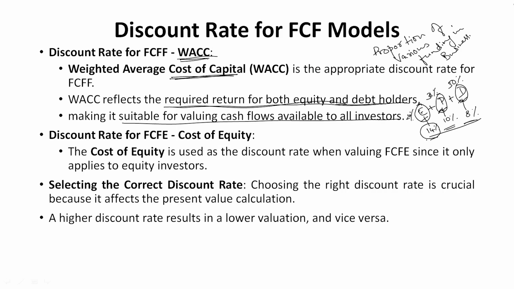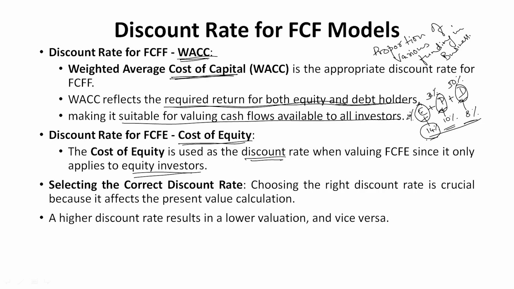Okay. So you can use the weighted average cost of capital as the rate of return which is expected. That's one thing. Second is discounted cash flow for equity, where the cost of equity is used as the discount rate for valuing the equity investors.